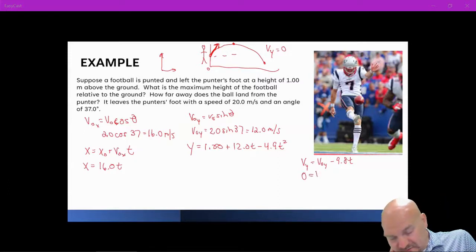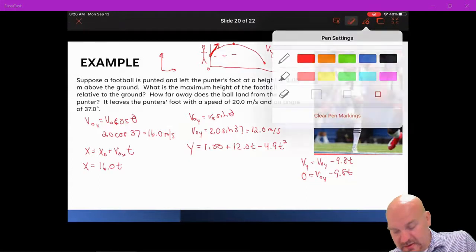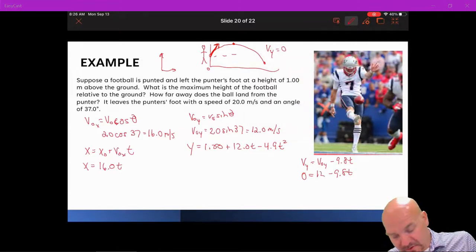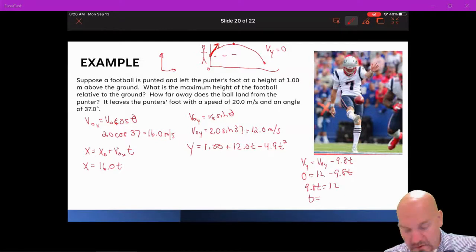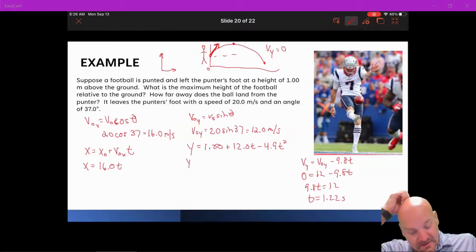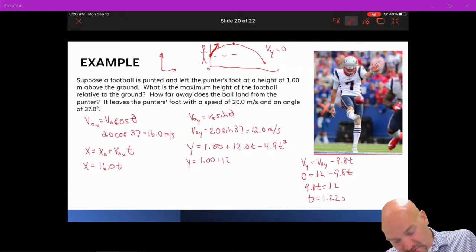I'm going to say 0 equals Voy minus 9.8 t, and I know Voy, so this is going to be 12 minus 9.8 t. Do a little bit of algebra. 9.8 t equals 12. T equals 12 divided by 9.8. It's 1.22 seconds.